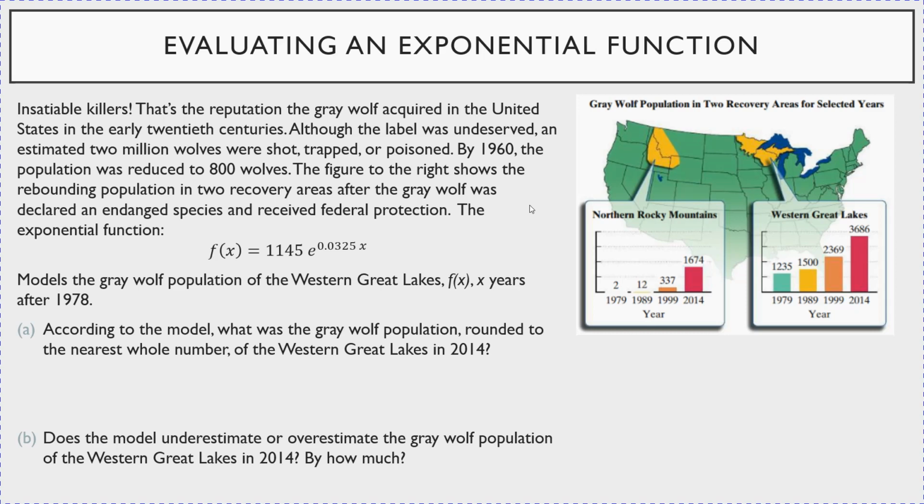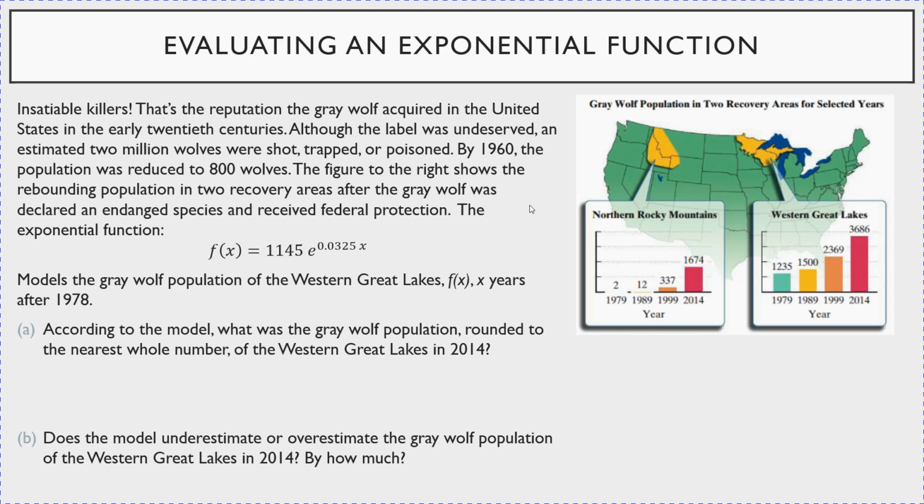Although the label was undeserved, an estimated 2 million wolves, that's a lot, were shot, trapped, or poisoned. That's sad. And so by 1960, the population was reduced to just 800 of these gray wolves. The figure to the right shows the rebounding population in 2 recovery areas after the gray wolf was declared an endangered species and received federal protection.